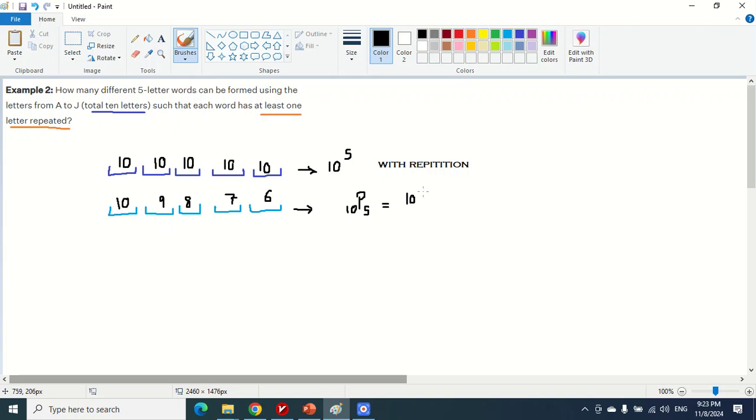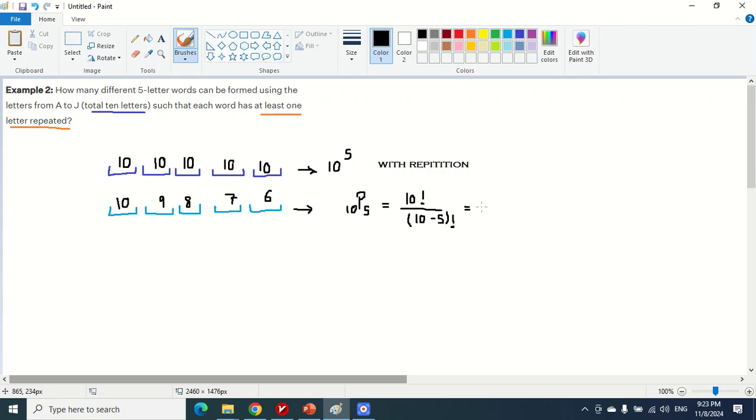The result will be 10 factorial over 10 minus 5 factorial, and 10 minus 5 is 5, so it will be 5 factorial in the denominator: 10 factorial over 5 factorial.